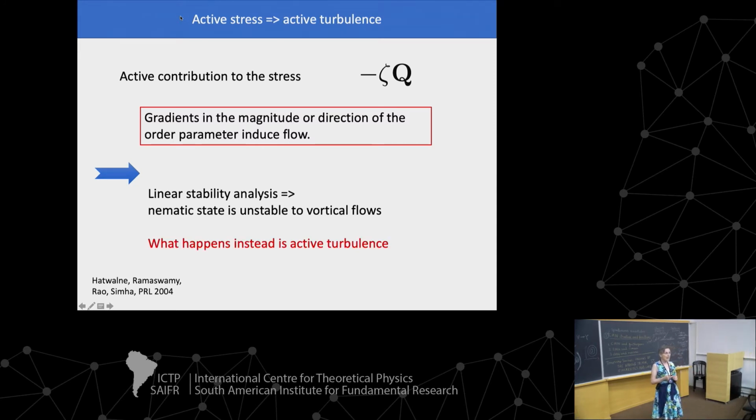What you get instead is active turbulence. We can't look at active turbulence using linear stability analysis. We know the nematic state is unstable, and so you're going to cross over to something else, but you don't know what it is from the maths. But you can solve the equations numerically, so let's solve the equations numerically and see what this active turbulence looks like.